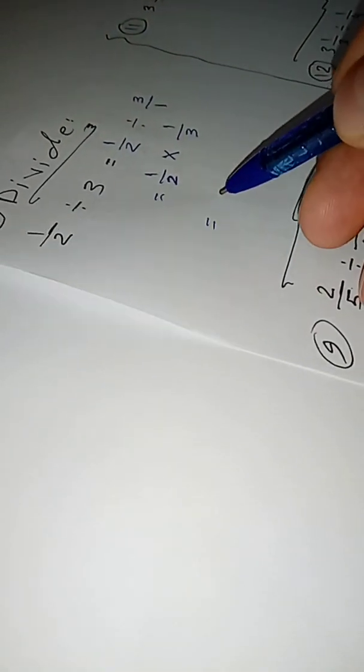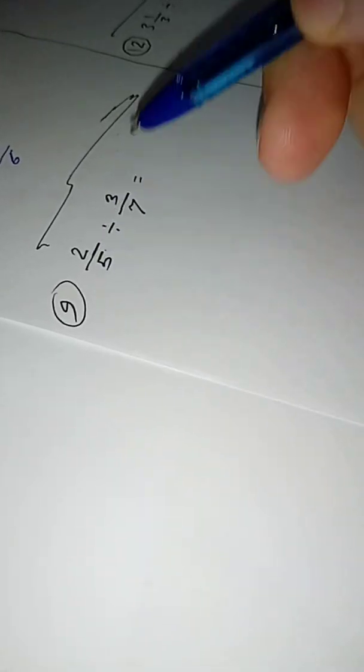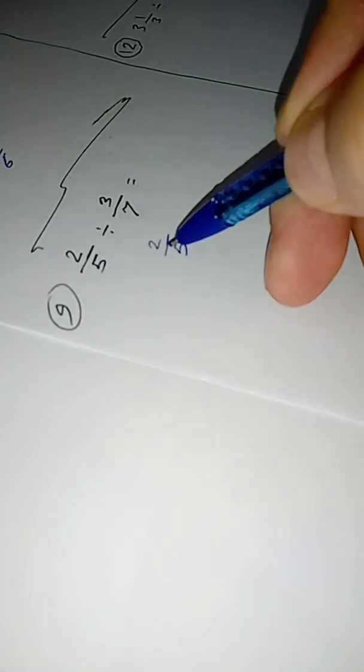So now we can write 1 times 1 will be 1, 2 times 3 will be 6. So this is the answer, 1 over 6. The example here we have fraction divide by fraction. We can here directly apply the rule. Keep means we can write the first fraction the same fraction.